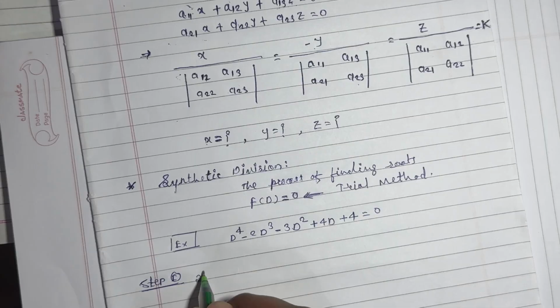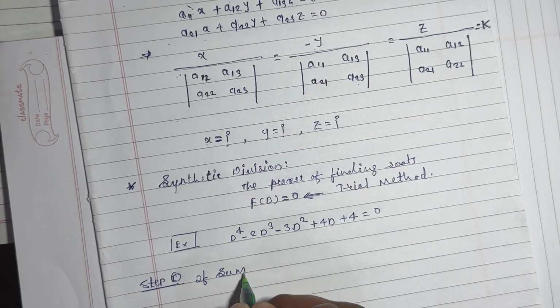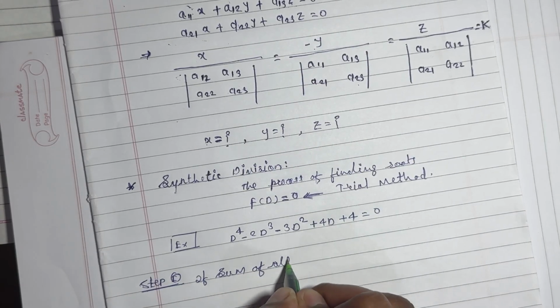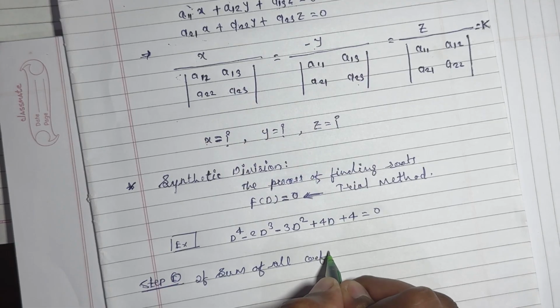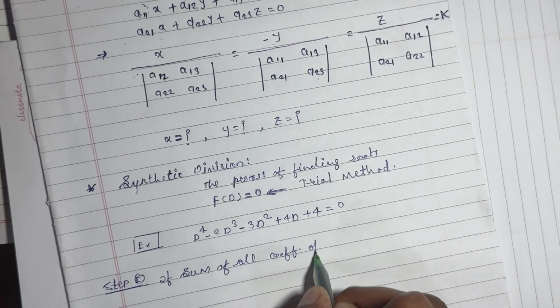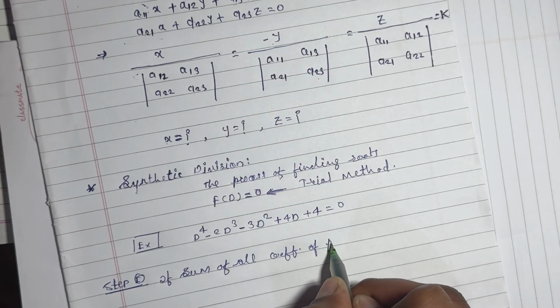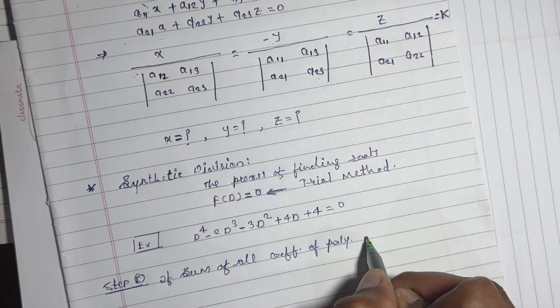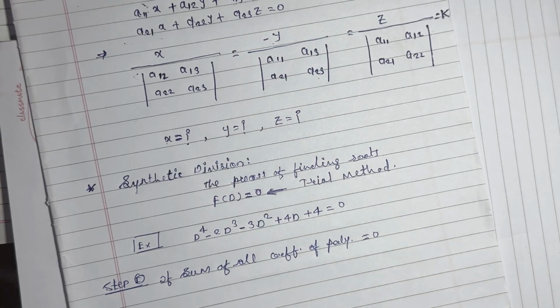Step first: if the sum of all coefficients of our polynomial is equal to 0, then d equal to 1 is one of the roots.